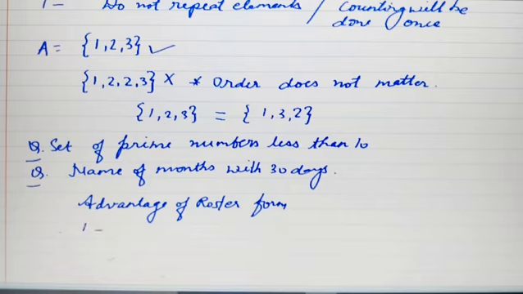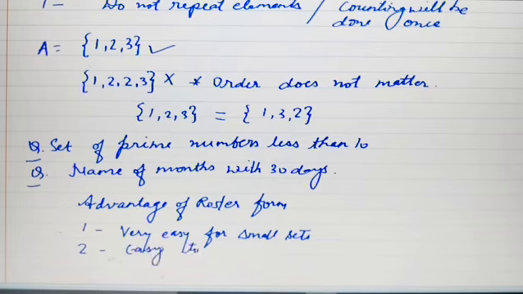One is that it is very easy for small sets, which means it is really tough to use for big sets. Here it is easy to count elements.